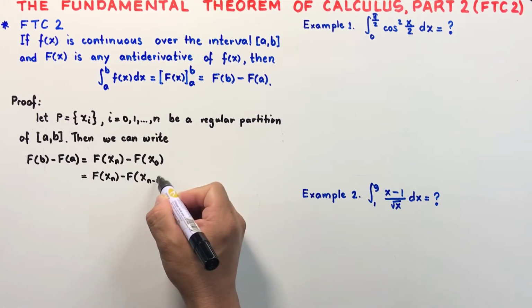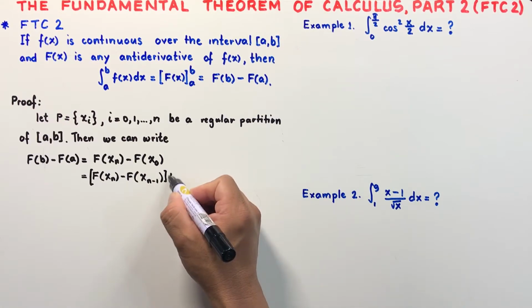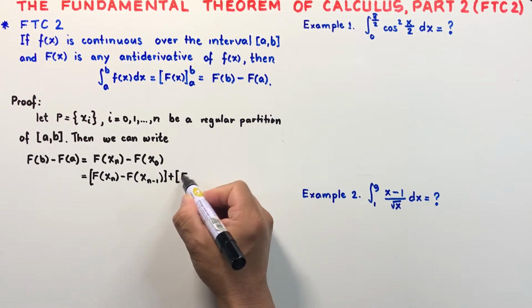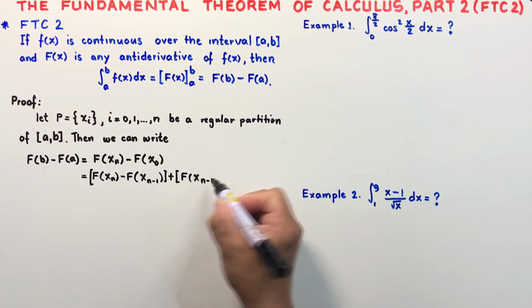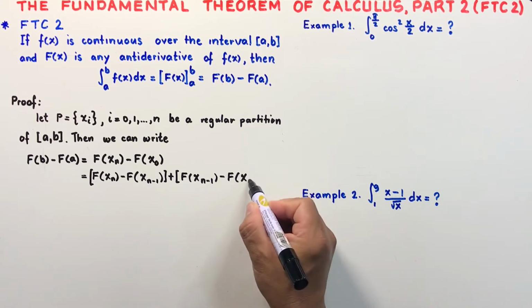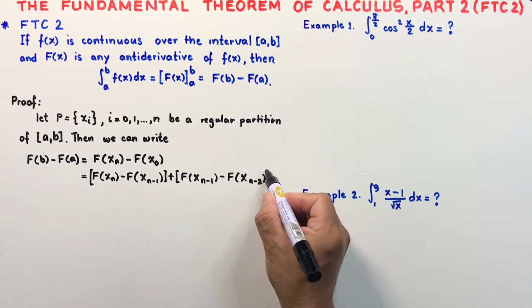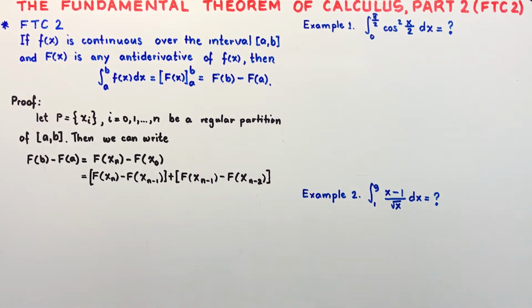sub n minus 1. So this is for our first subinterval, plus big F of x sub n minus 1 minus the big F of x sub n minus 2. So this is for our second subinterval.